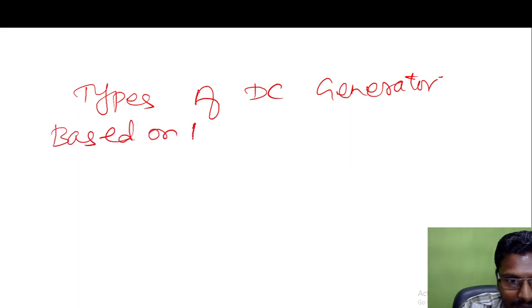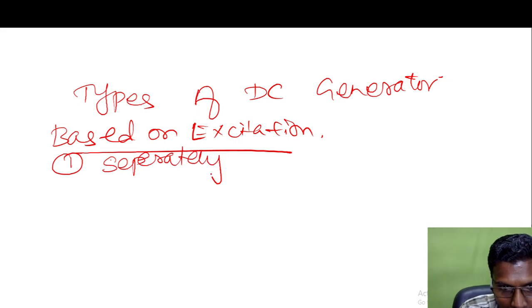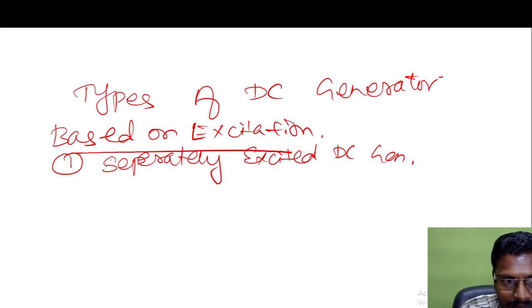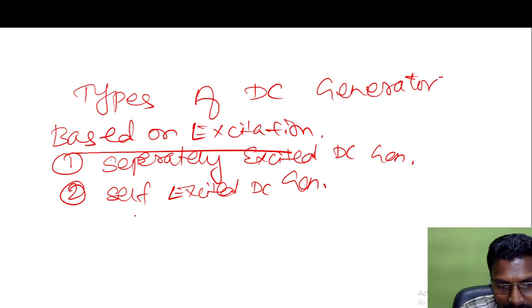Based on excitation, the first classification is separately excited DC generator, and the second one is self excited DC generator.